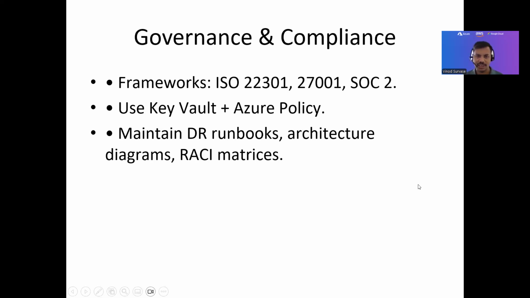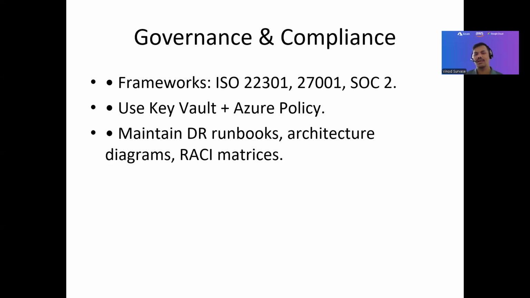Then some of the governance and compliance. Definitely there's a framework for different governance capabilities, including ISO 22000, 27000, and SOC 2, and many others. And those would be applied based on the business and in which industry they are doing business, including security with the key vault and policies, maintaining their runbooks, architectures, and RACI matrices, right?